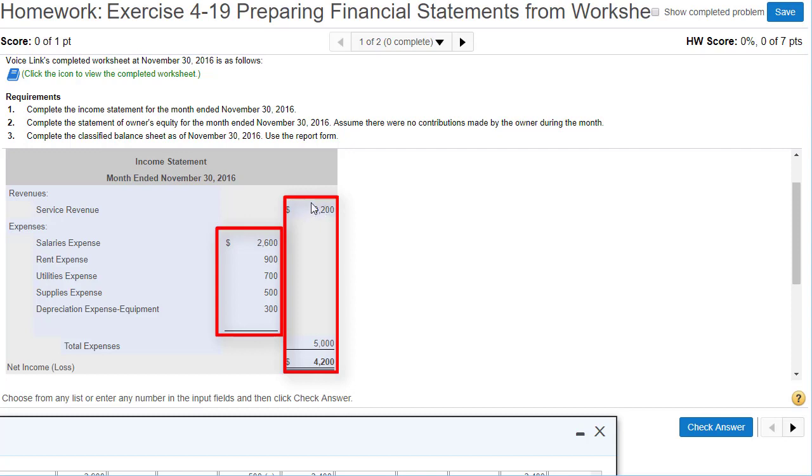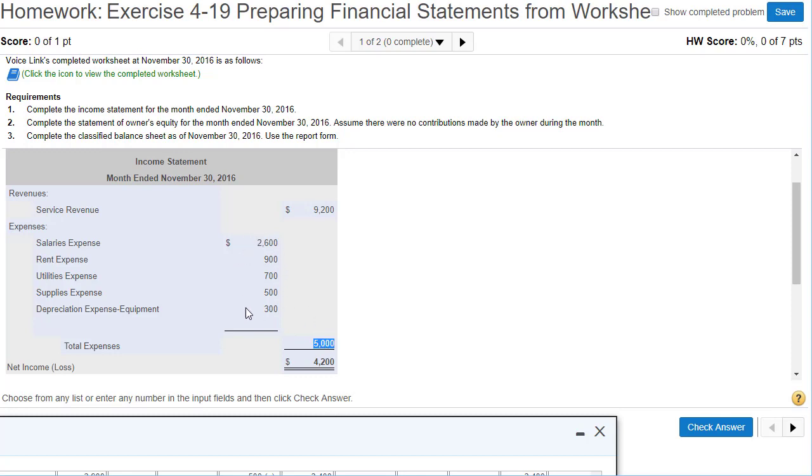So what they're doing in this right column is they're just putting the 3 most important numbers: total revenue, total expenses, and then our net income. And then if someone is curious as to how this $5,000 breaks down, then they can look over here in this other column. So that's the only purpose for having these multiple columns, is just for formatting.